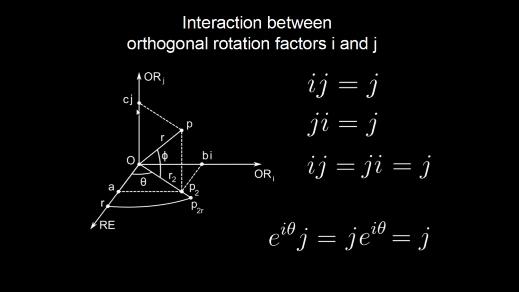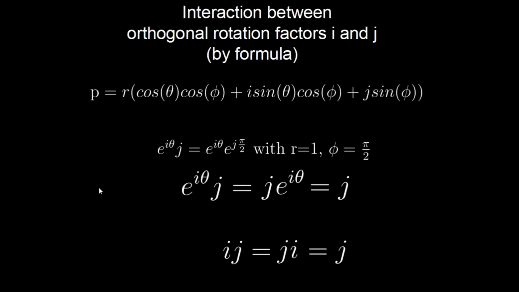Also, the rotation factor e to the power I theta makes the vector rotate in a direction parallel to the REORI plane and cannot rotate J. Thus, e to the power I theta J also equals J. We have just obtained the interaction results by geometry and the rotation factor concept.